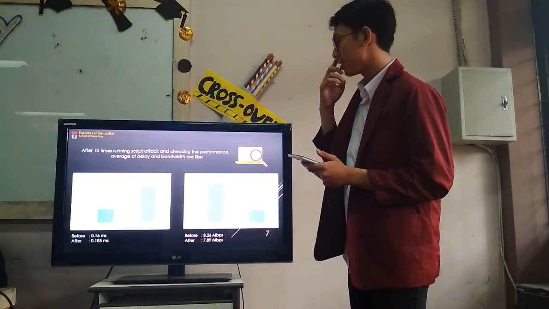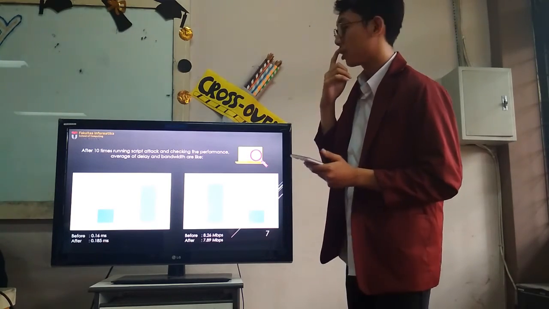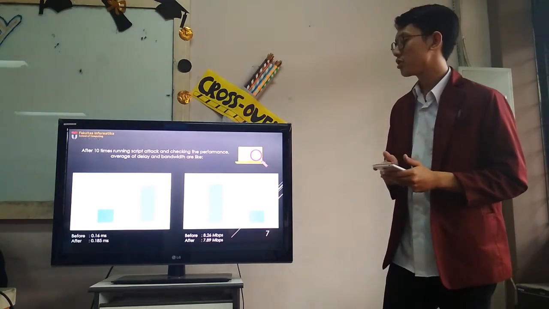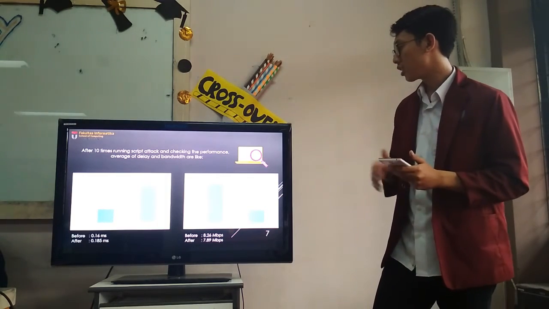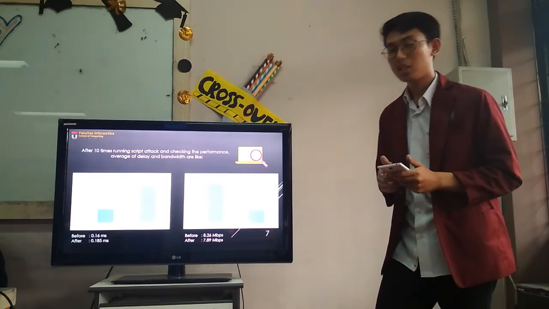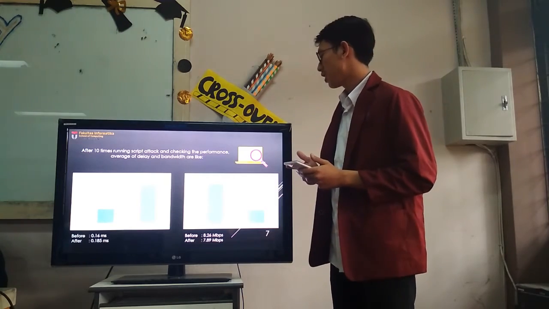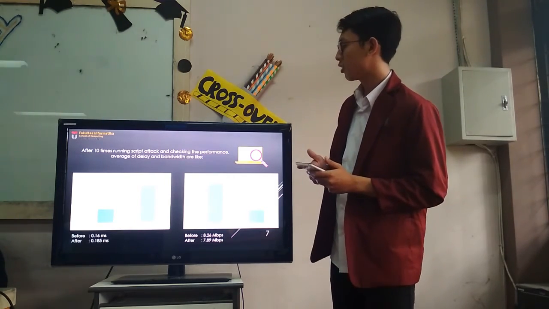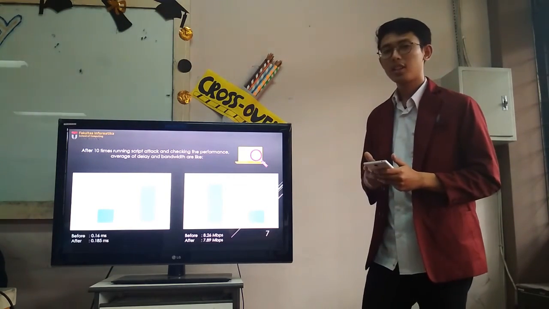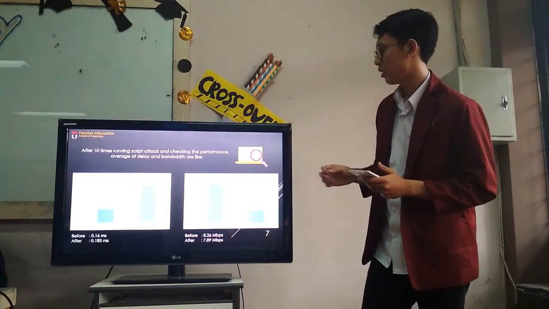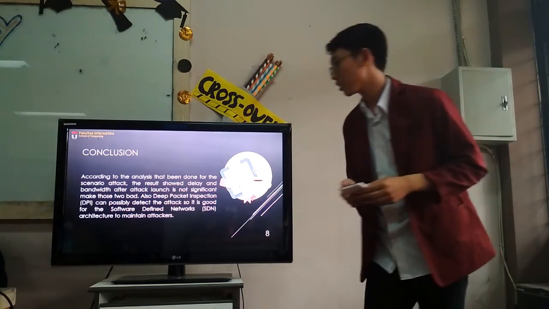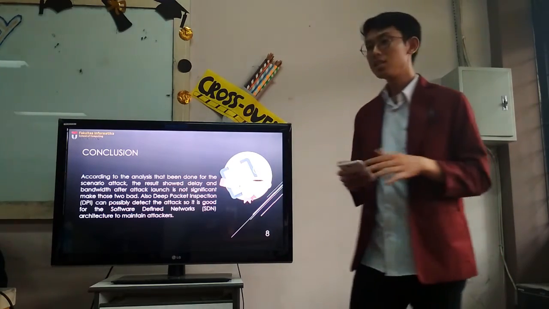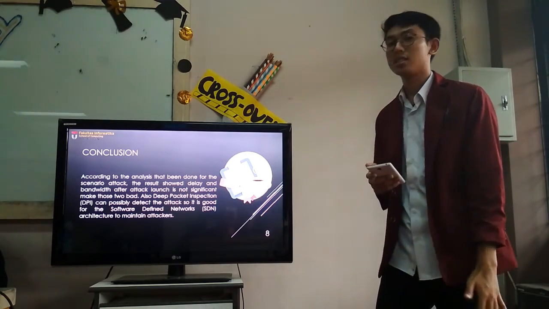From the delay, we can see that there is some increase, but it's not so significant. And for bandwidth, there is a decrease and it's not significant too, because it's just decreasing about 0.1.